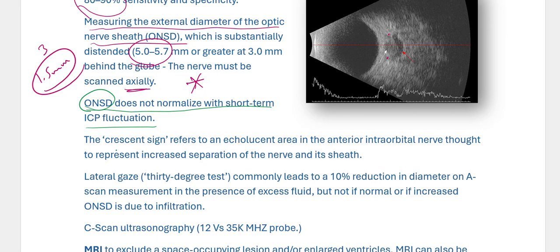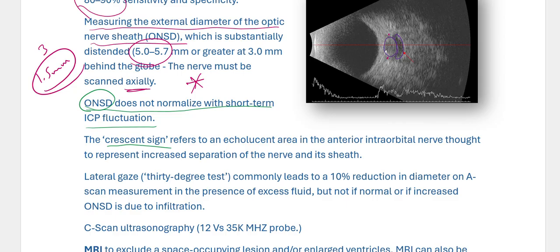The crescent sign, as you can see here, this part is normal during optic nerve head scanning by B-scan ultrasonography. But this crescent, this echolucent area, is not normal.